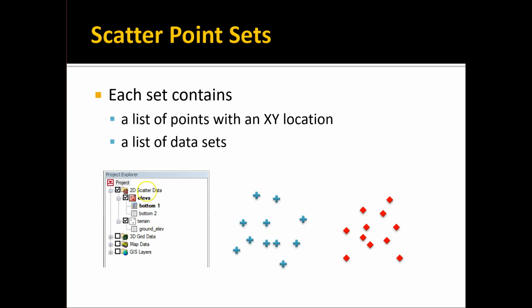And you'll notice in this case the ELEVs scatter point set and the bottom 1 data set are highlighted. That means they are active. There's one active scatter point set and one active data set at all times, and that is the default set from which you can interpolate.